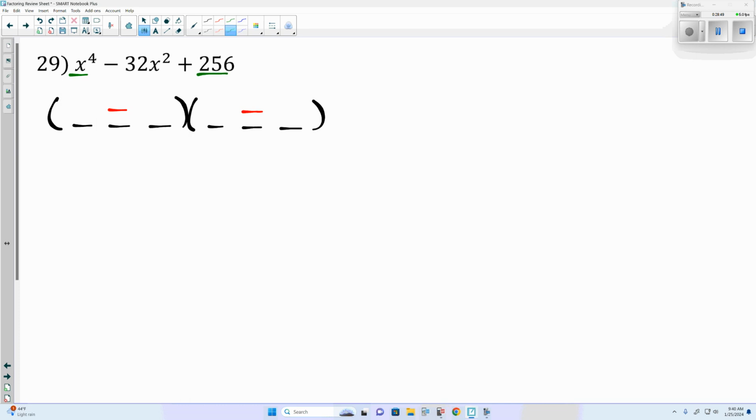Guys, let's focus in. Factors of the first and third term. So we need to see what times itself is x to the fourth. Well, we do have a few for x to the fourth, because we have x times x cubed. Because when we multiply like bases, we add the exponents. But for this here, no. What it actually is is x squared times x squared.